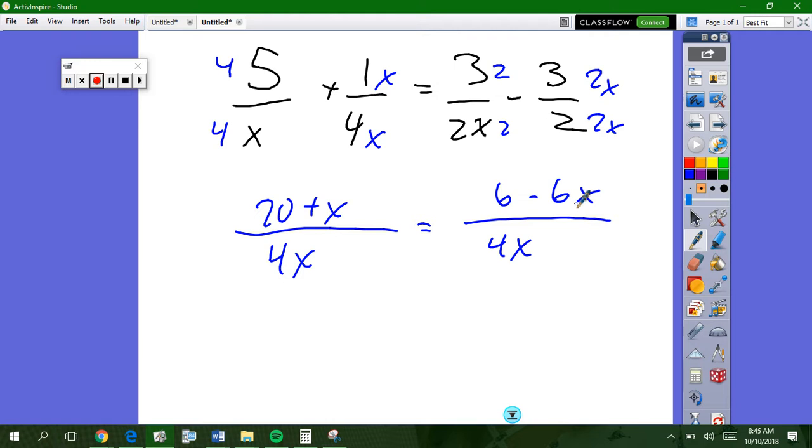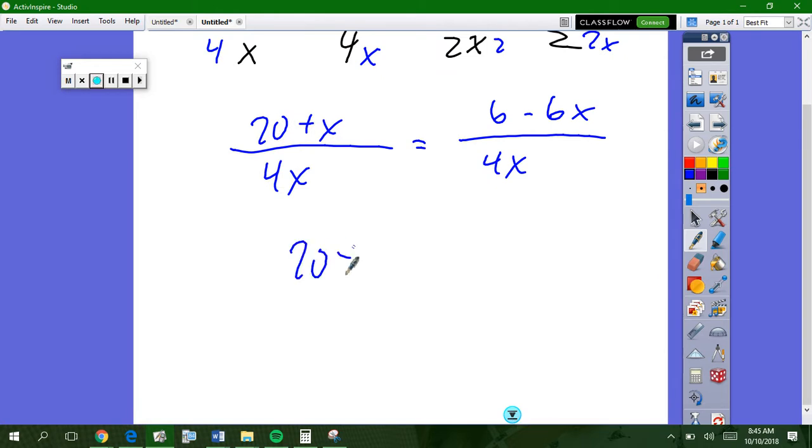Our denominators are the same. So if our denominators are the same, our numerators have to equal each other, don't they? So I'm going to ignore the bottom, because they're the same. All I want to say now is, when does 20 plus x equal 6 minus 6x? When does that happen?